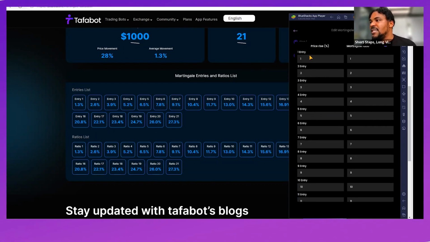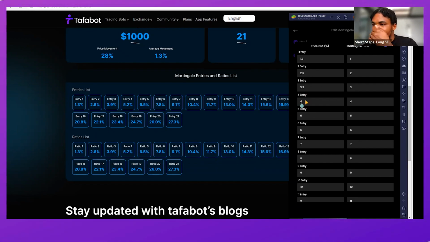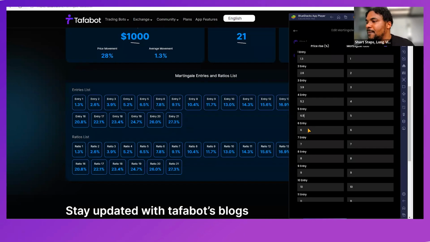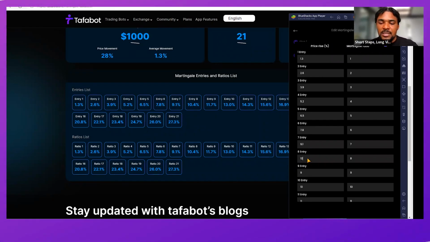It tells me my first entry is about 1.3. Second entry is about 2.6. Third entry is 3.9. So I fill up all my entries. My fourth entry is 5.2. And my fifth entry is 6.5, and 7.8. So you put out all of your entries.